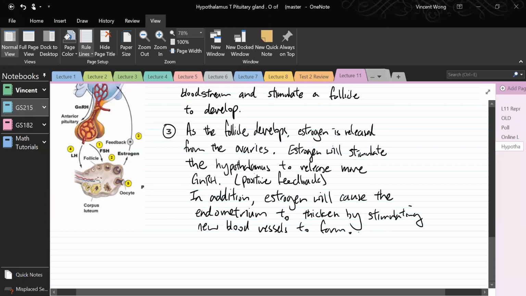And the purpose of this is to prepare the body for implantation in case there is a pregnancy.